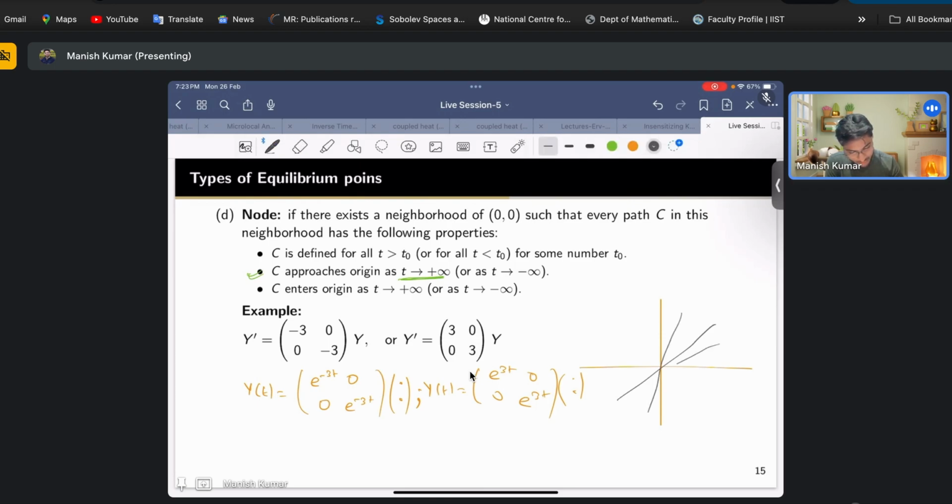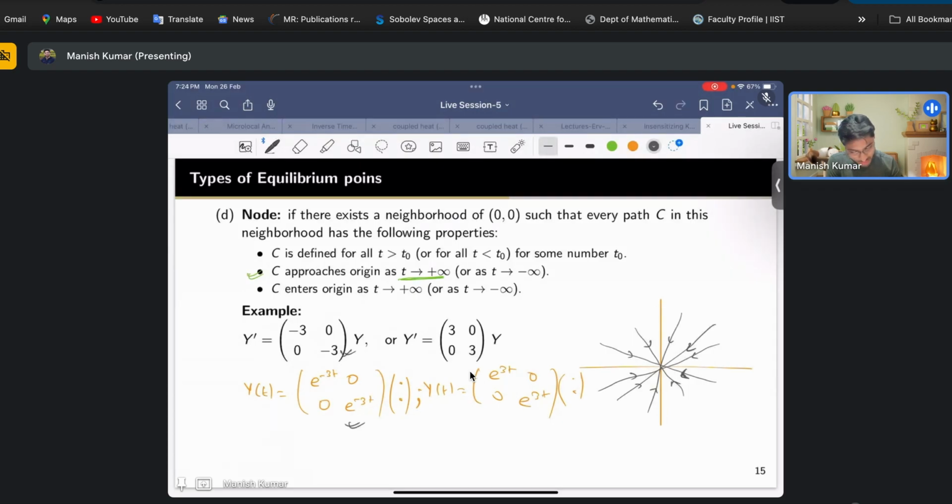It would be like this kind of thing. Depending on whether it is this one, if you have this negative sign, then all these paths will go to 0 as t goes to infinity, because exponential of minus 3t goes to 0.